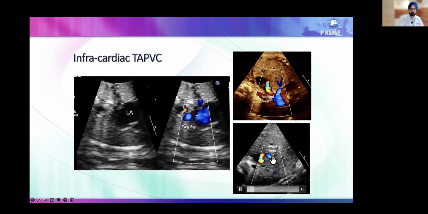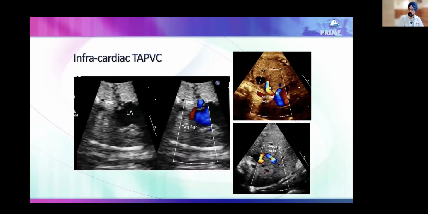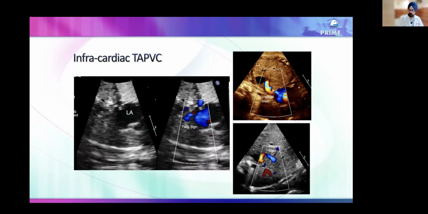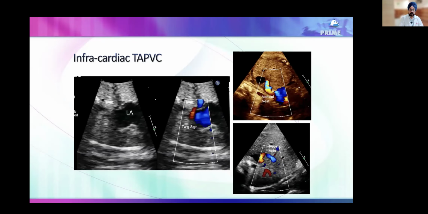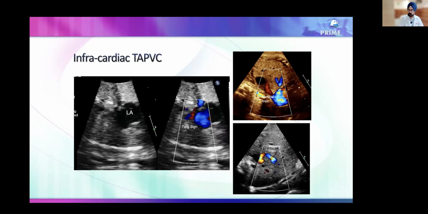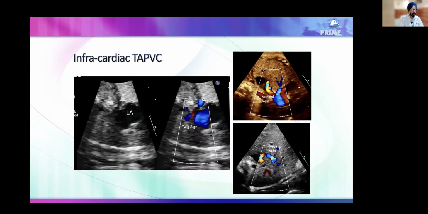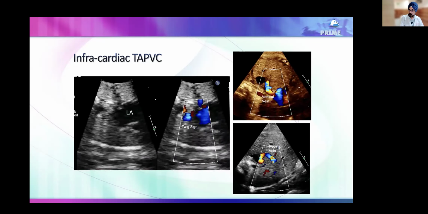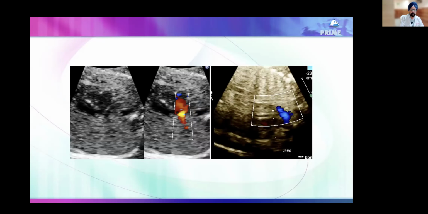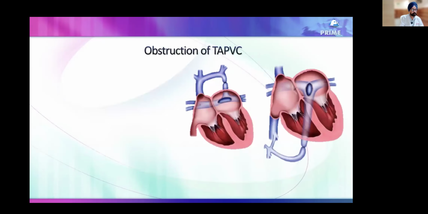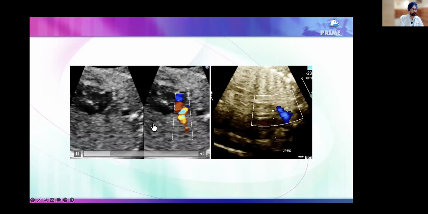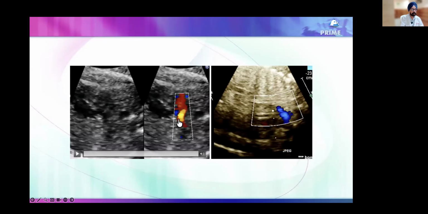And that is a flow which is kind of continuous, without phasicity, because there was an obstruction. The infracardiac TAPVCs are almost always obstructed. The site of obstruction is the hiatus, where it actually opens. Okay, so that's again the twig sign.